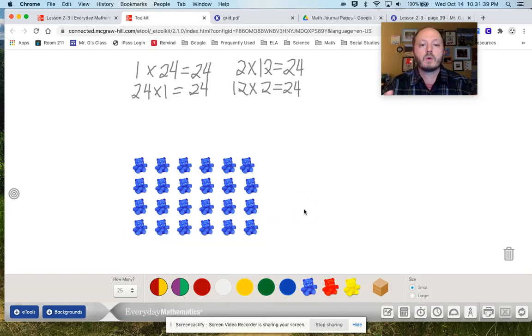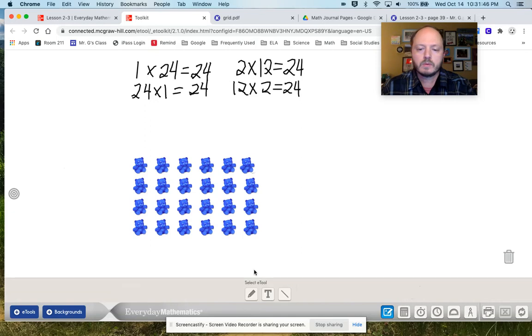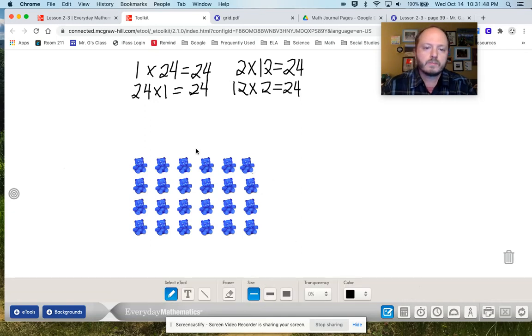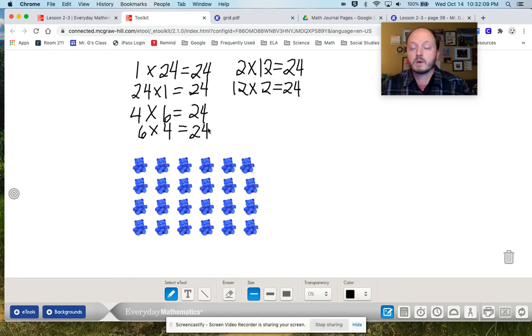Okay, what do I have here? I have 4 rows of 6. 4 times 6 equals 24. And 6 times 4 equals 24. Nice.